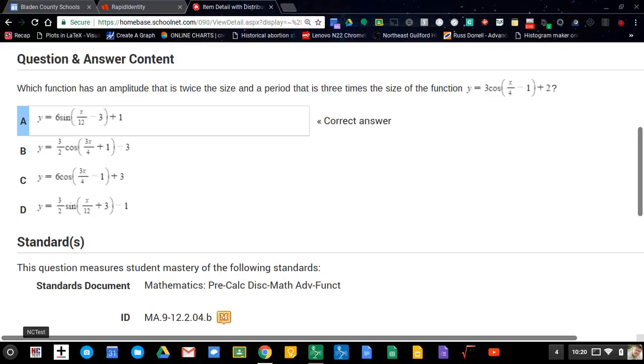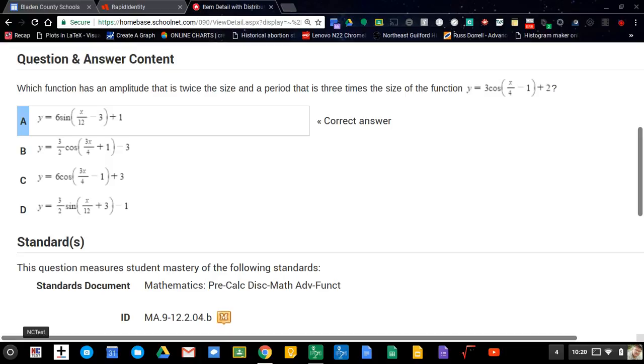Do you guys have yours typed in? That's 6 times sine of x over 12 minus 3, and then plus 1. That's answer choice C. I'm going to put this one in, and then I'm going to show you how to make a distinction between the two. We're going to put in Y3 also. We're going to put 6 times cosine of what?